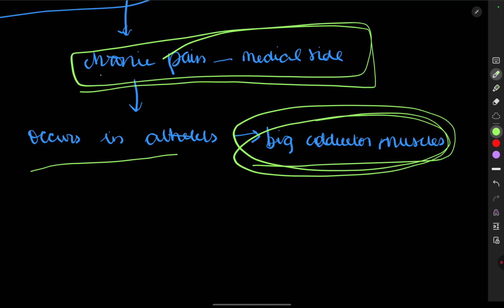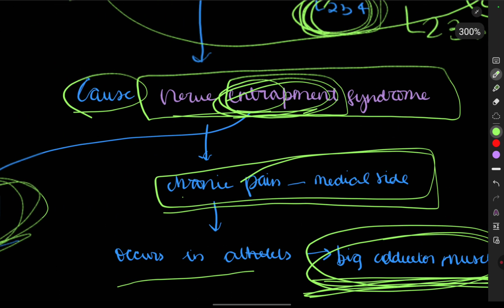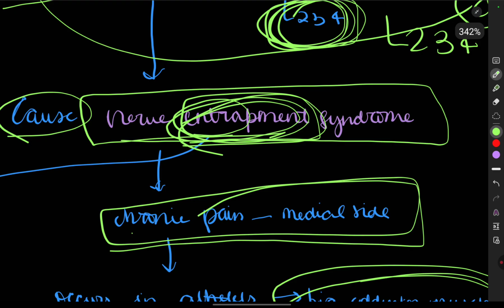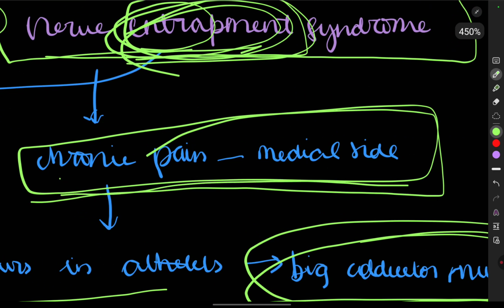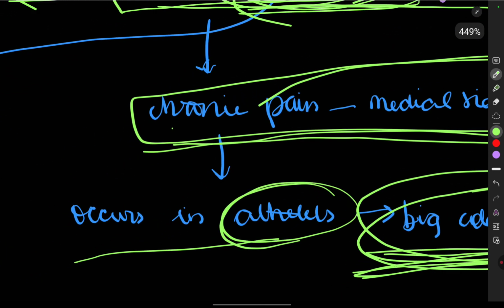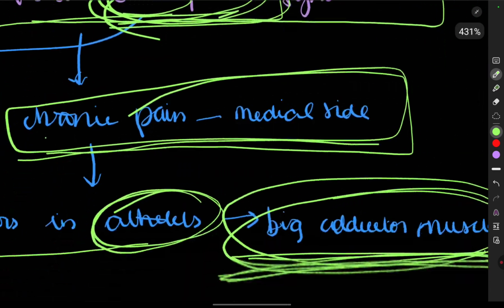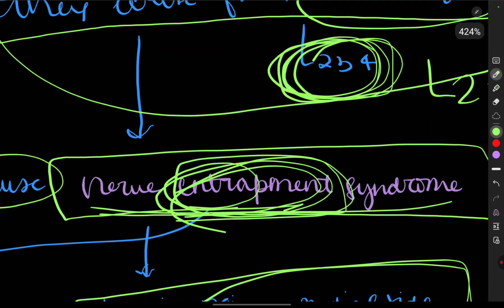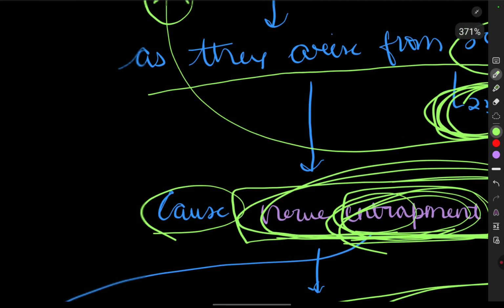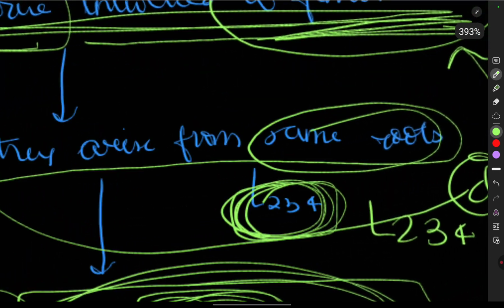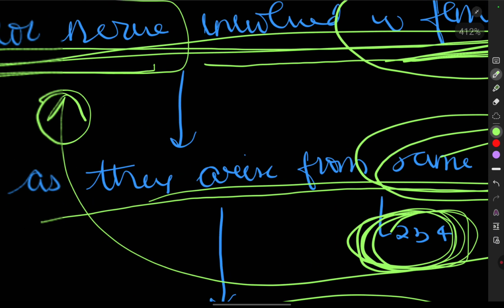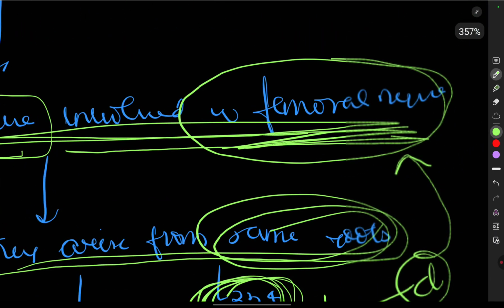Instead of one broken or torn muscle strand, they make double of it, so they have bigger muscles, and due to the bigger muscles there can be entrapment of the nerve, which causes chronic pain on the medial side of the thigh. This is the nerve entrapment syndrome, because the obturator nerve and the femoral nerve arise from the same root.